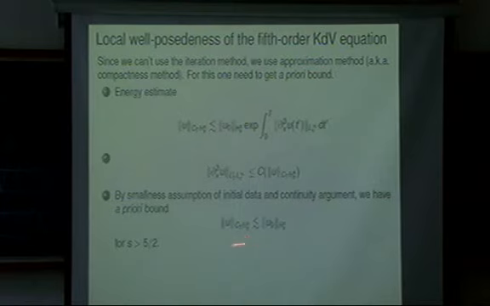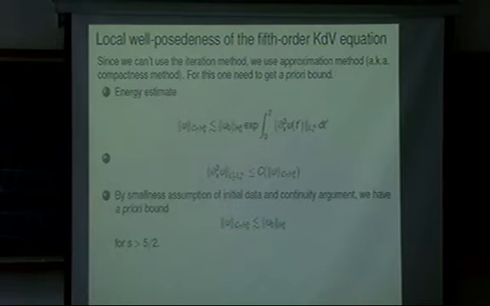Then by using such an a priori bound, and by a very similar argument to finding the a priori bound, we can also show that the difference of two solutions is bounded by the difference of the two initial data.